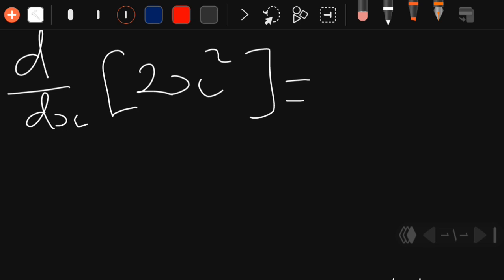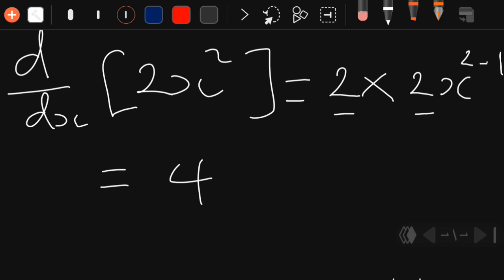Drop the power, multiply it with the coefficient of x, subtract the power with 1. So which will be 2 times 2, we're going to have 4x, 2 minus 1 there, we're going to have 1, which is just 4x.